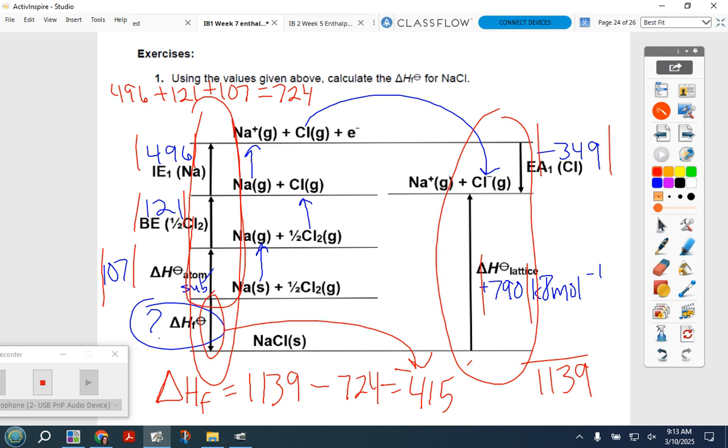So this is going to be negative because the arrow is going down. And this is going to be in kilojoules per mole, because that's what all of these things are in. If you were solving for lattice enthalpy, you do the same process. It would all be absolute values, but then your number, because it's going up, would be positive.